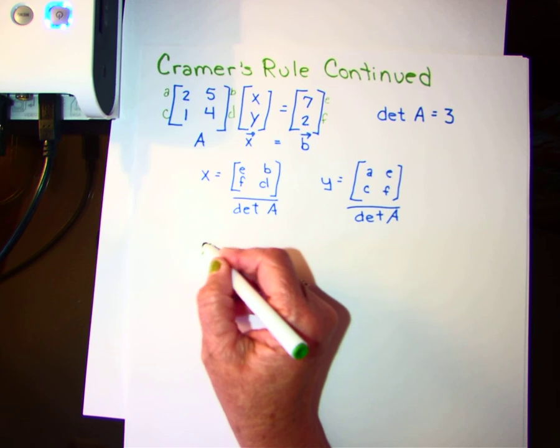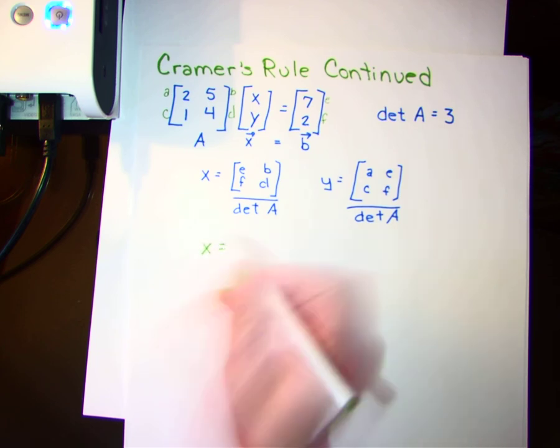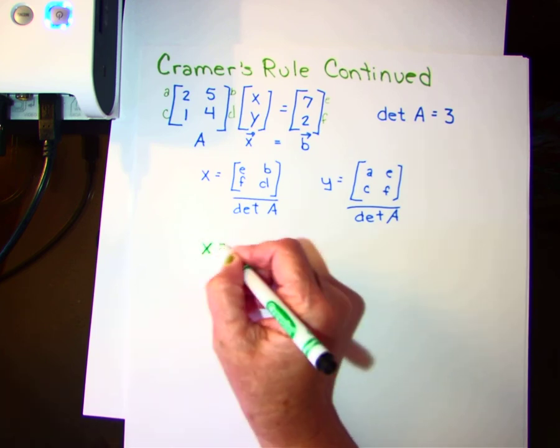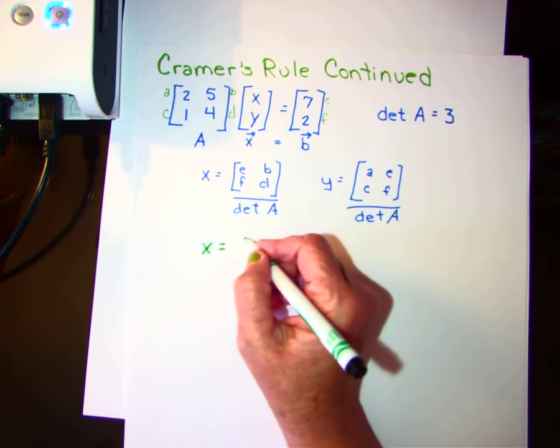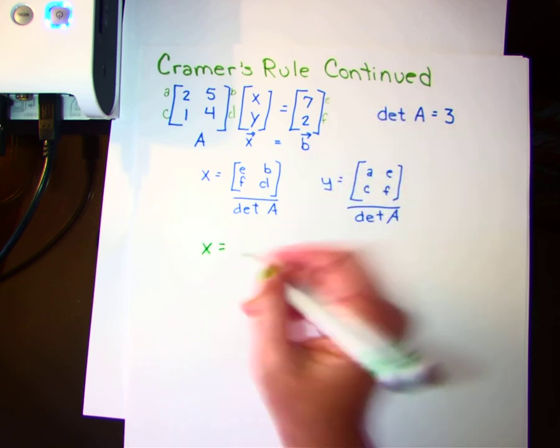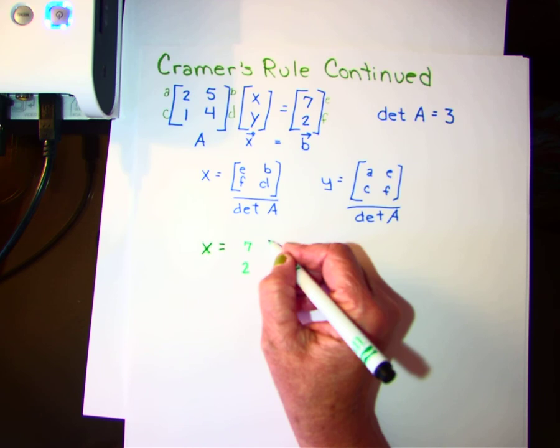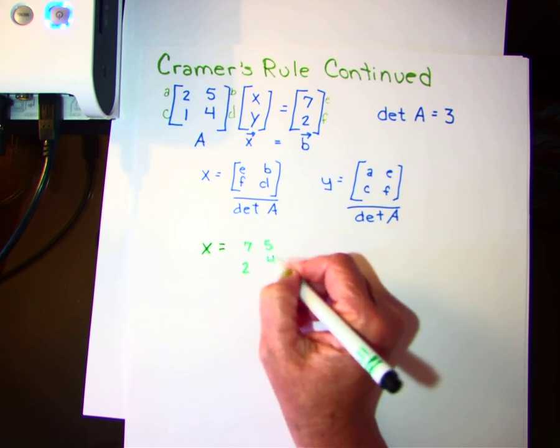So our x in this case will equal e, which is 7, f, which is 2, b, which is 5, and d, which is 4.